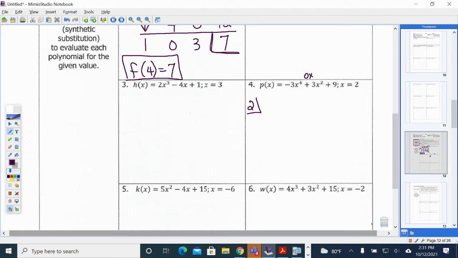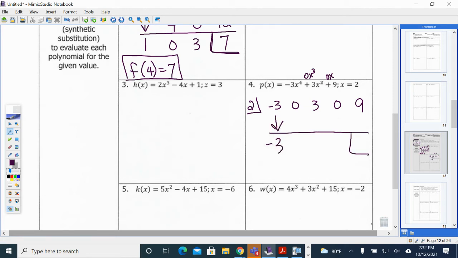So I'm going to put a 0x to the 3rd here. And we have an x squared, but we don't have an x. So I've got to hold that spot, just like we did with synthetic division. When we are setting up for synthetic substitution, we have to make sure we hold everybody's spot. So there's the negative 3 for the x to the 4th, 0x cubed, 3x squared, 0x, and then my 9.